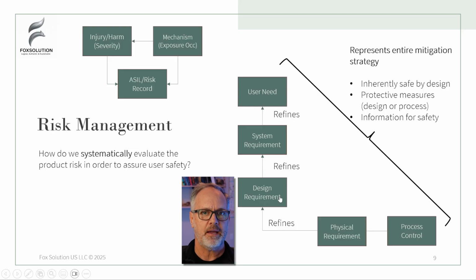And so that mechanism has an exposure occurrence, the harm or the injury has a severity, and we pair those together with this risk item that can be referred to as an ASIL or a risk record.